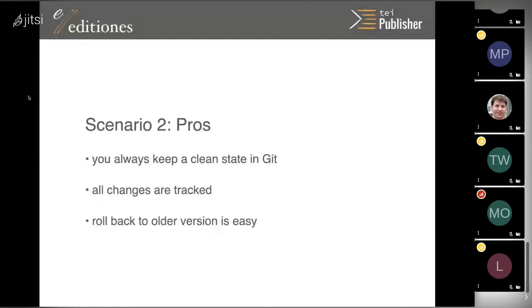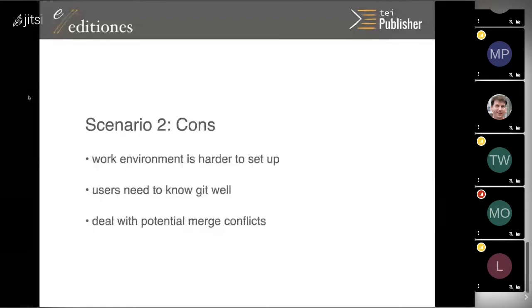Well, the disadvantages obviously are that the work environment is slightly harder to set up. So if you have to tell your team how to do it, it needs some pretty good documentation, or you have to show it. You need to have not only basic Git knowledge, but quite good Git knowledge, because when working with Git, you can run into what's called merge conflicts, which you then need to resolve.